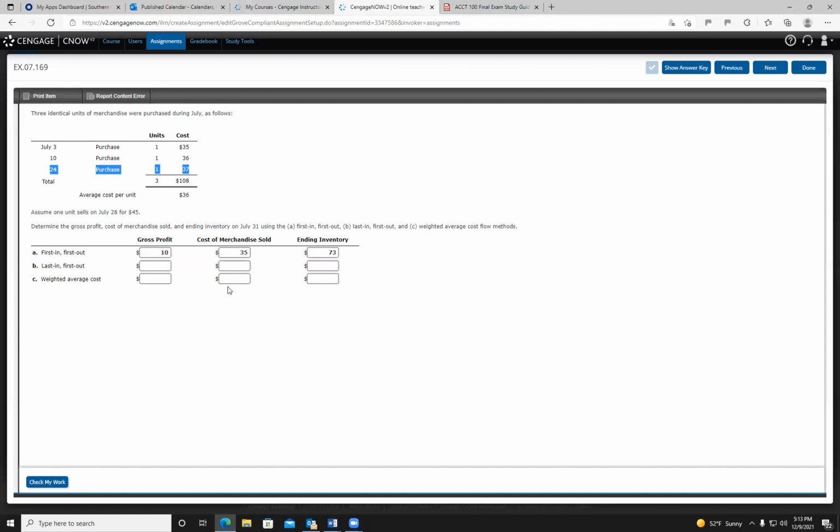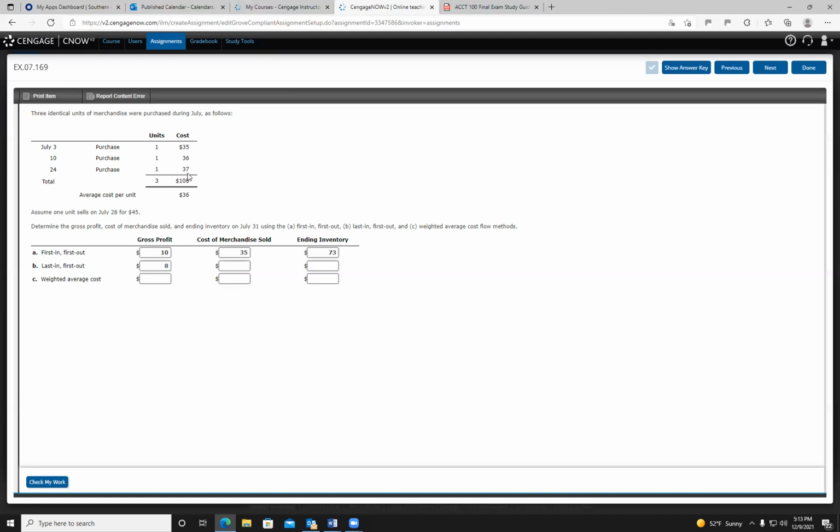So based on that understanding, the item we sold on July 28th for $45 was the item we purchased July 24th for $37. So to get the gross profit, you take your sale price of $45, subtract out your cost of $37, and that gives you $8.